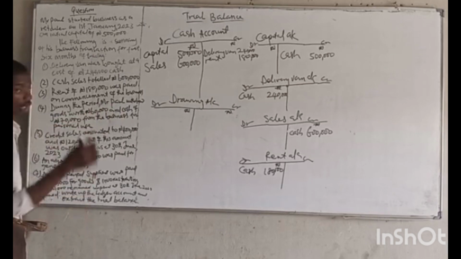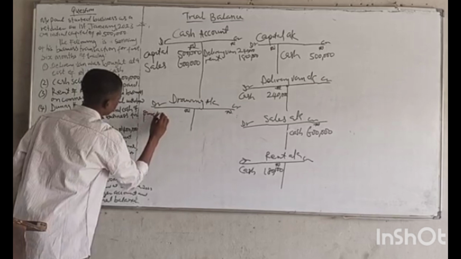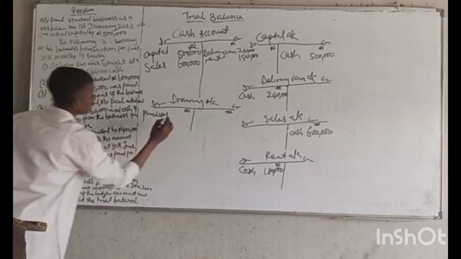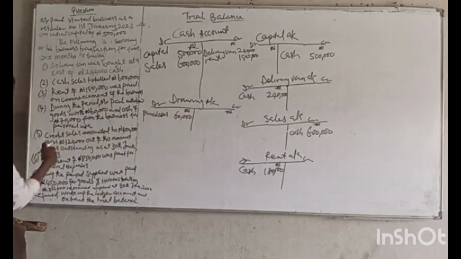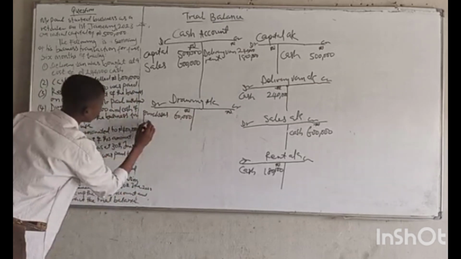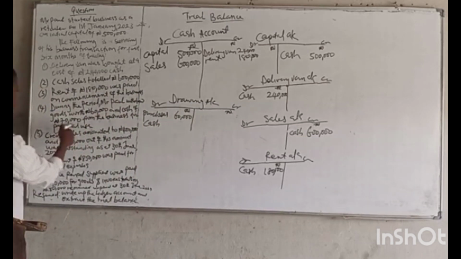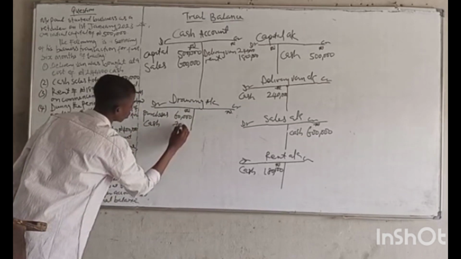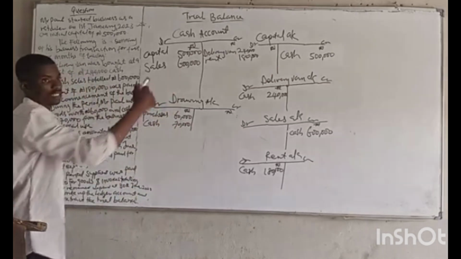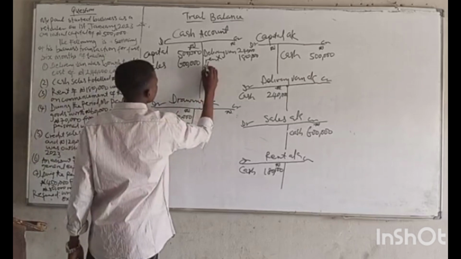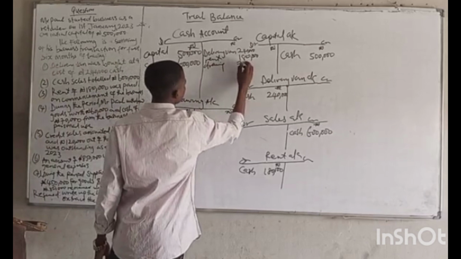So under the goods, we will record it in the name of purchases, 60,000. And under cash, we also write cash. How much? 70,000. The corresponding entry for cash, we go to the cash account and register drawing, 70,000 naira.